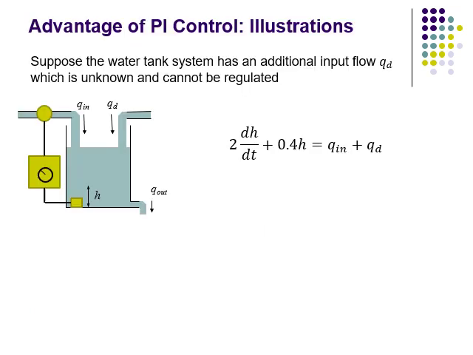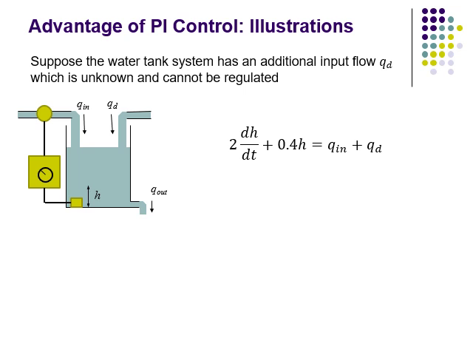Okay, so to show the advantage of using PI control, we're going to look at another example. Again, this is the water tank system, but there's a key difference here, which is that the water tank now has an additional flow into the tank, which is QD.